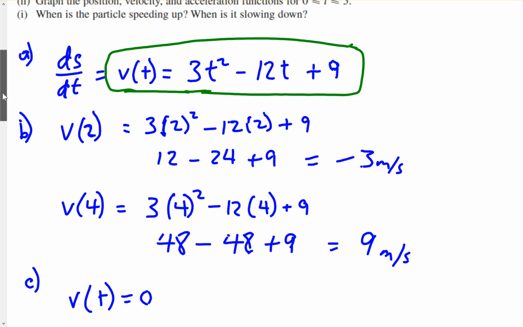Okay, so let's take the derivative. So we get 2 times 3, that's 6. So 6t minus, and then 12t would just be 12. Okay, so acceleration is 6t minus 12.